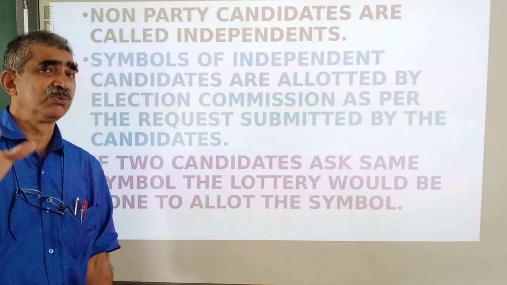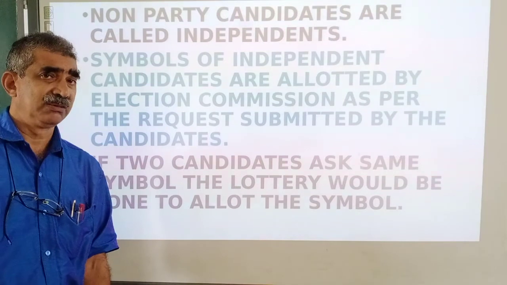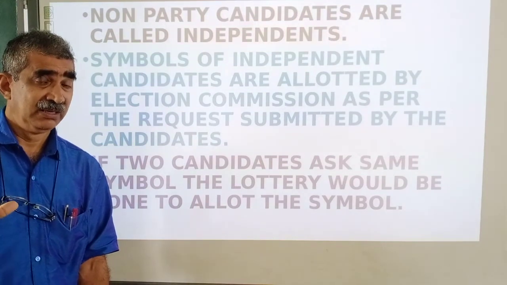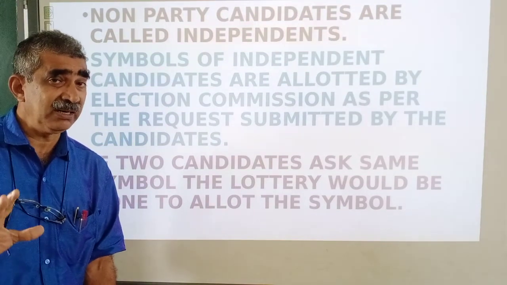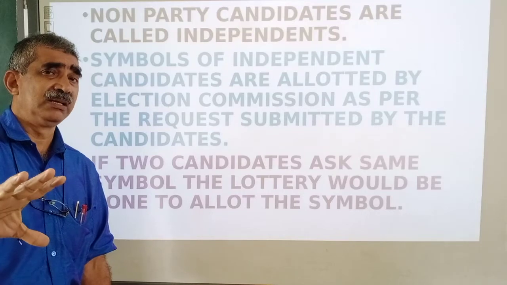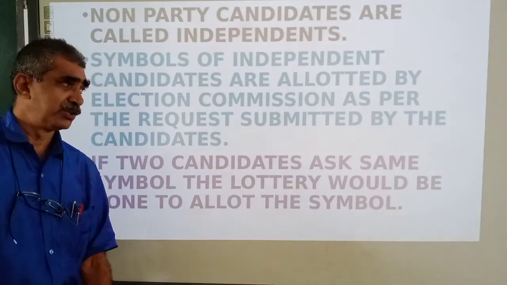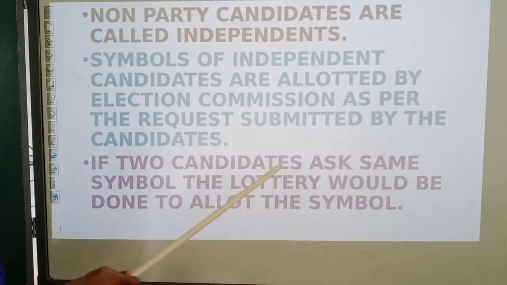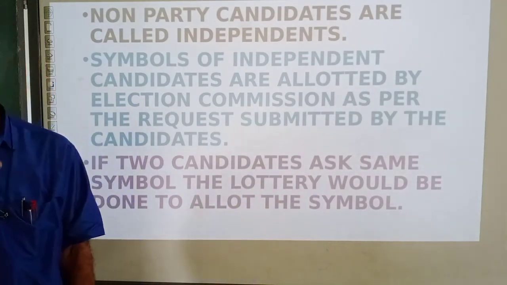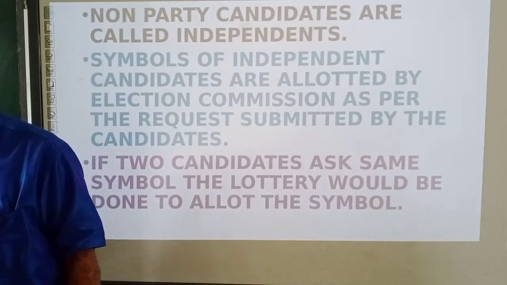Otherwise, the Election Commission will give the symbol which I ask for as an independent candidate. For political party candidates, the symbol the party has been given will be accepted by the Election Commission. If two candidates ask for the same, it will be decided by voting. Sorry, lottery. Whoever is lucky will get it.